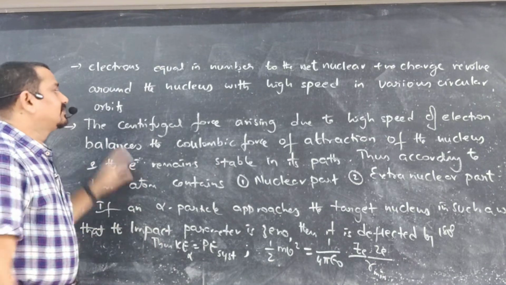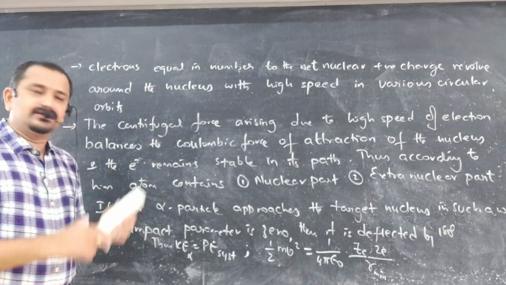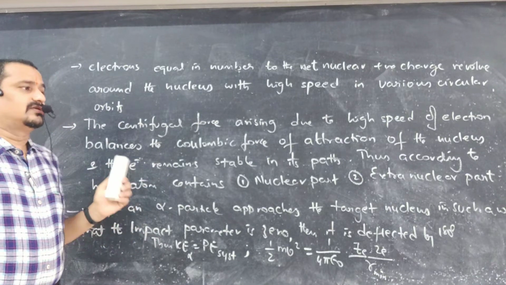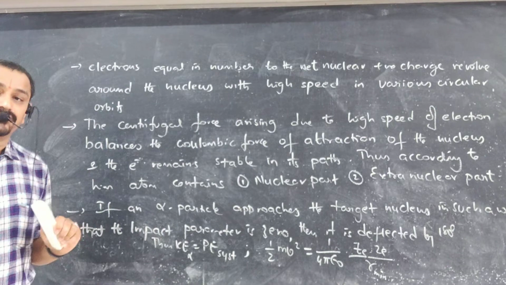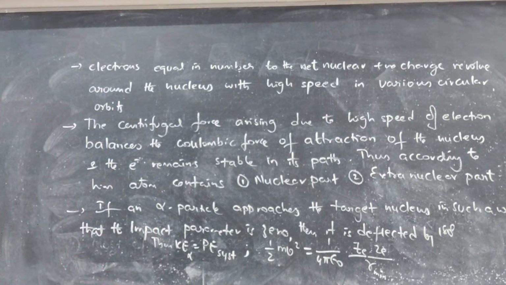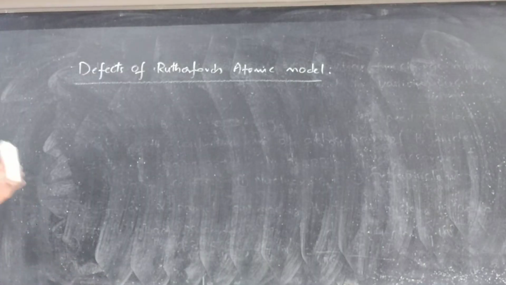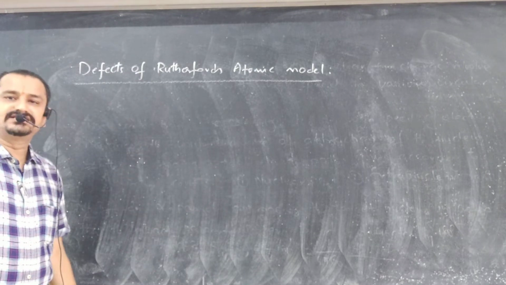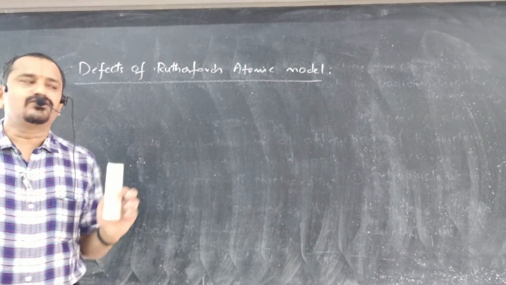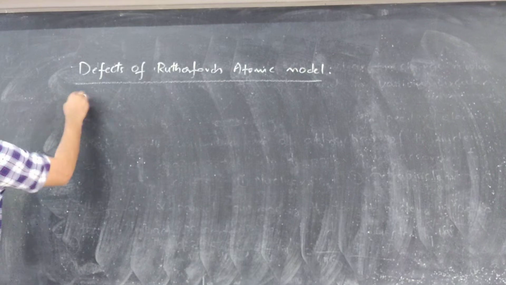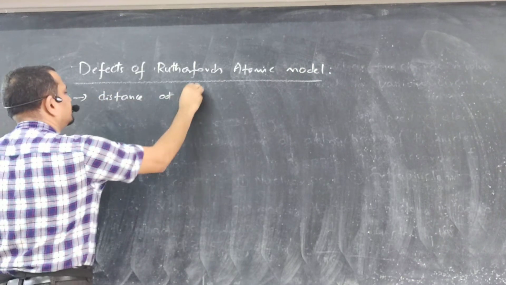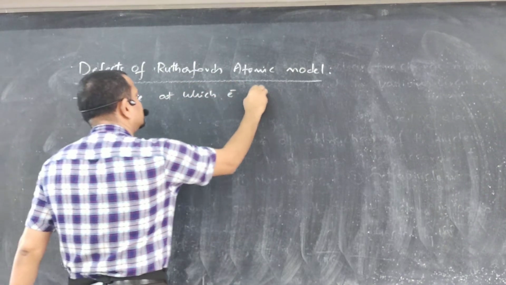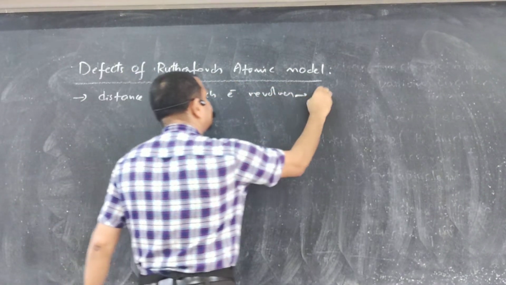But on the contrary, Niels Bohr raised some drawbacks in Rutherford's atomic model. Let us discuss the defects of Rutherford's atomic model. What are the main defects? The distance at which the electron revolves is not specified.